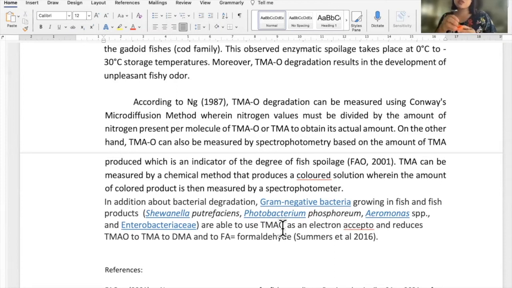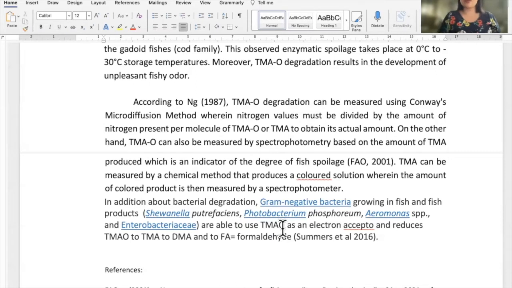So, you incubate your sample with the solution here that has an indicator, which captures the volatile bases, and the volatile bases dissolve here. So that's how Conway microdiffusion works. It's not just one cup; you have another bigger cup placed on top of it. So that is the setup.